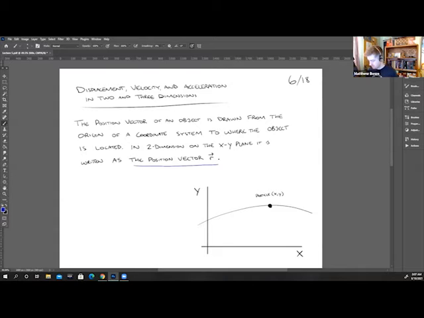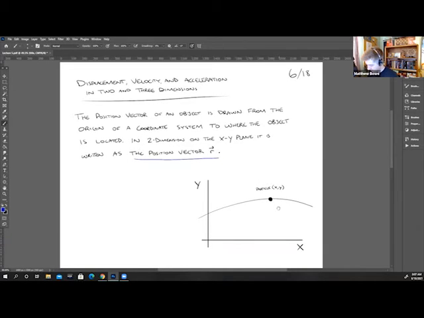So let's say we have this particle that's just moving on a path. It's either like a ball that's tossed in the air, or maybe it's something moving along a track, like a roller coaster. We want to start tracking the motion of this particle. Right now it is at position x, y.